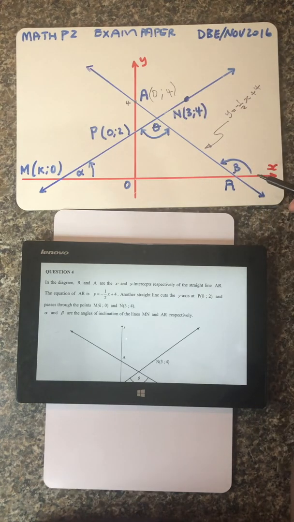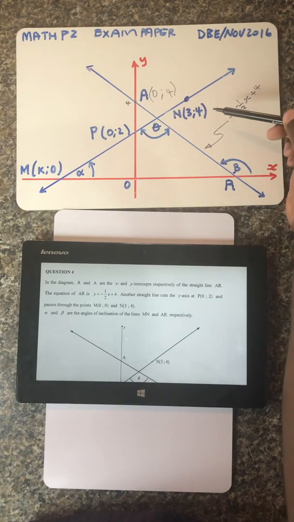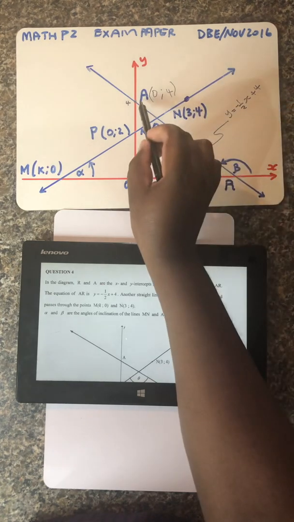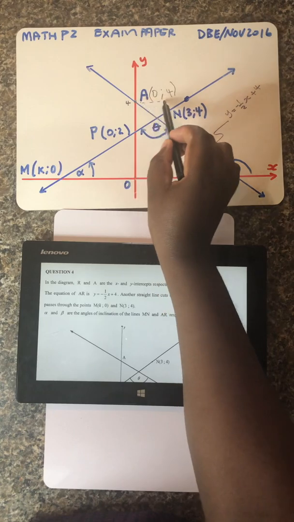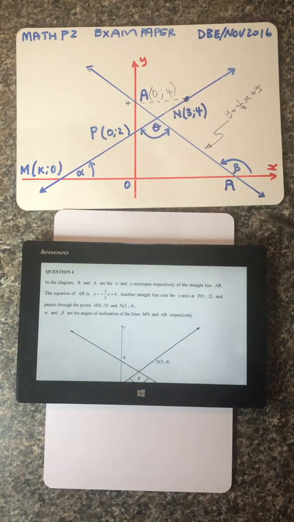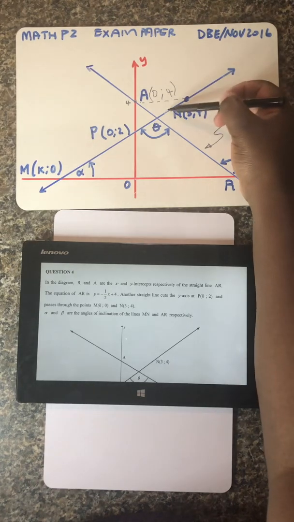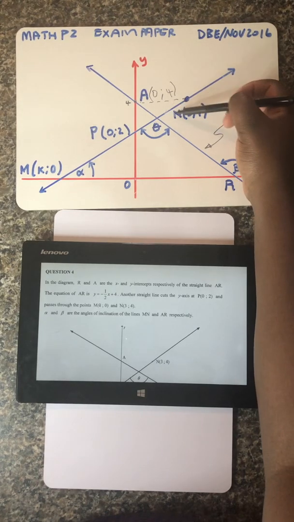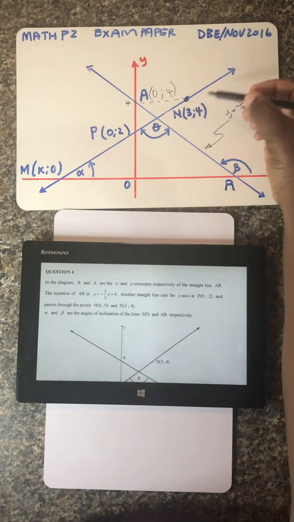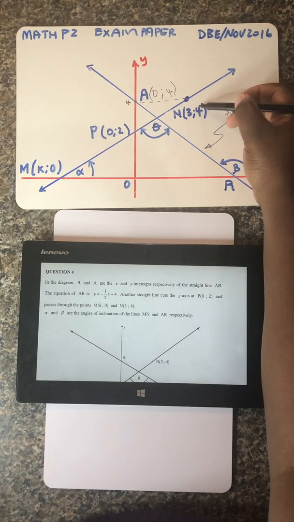It's because the y value for N is on the same line as the y-intercept of this straight line AR. I'm not really sure if it makes sense, guys, but if you remember, we said N is where x is equal to 3, and that's where y is equal to 4.